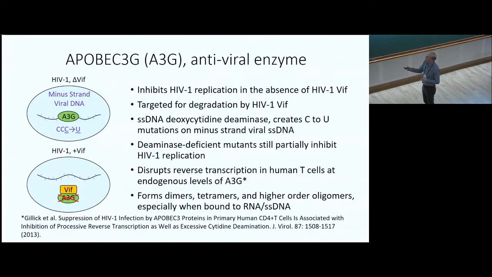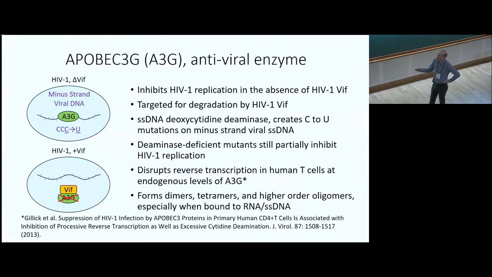It's a deoxycytidine deaminase, meaning that it chemically changes the C base to U. I told you that it was an RNA genome, but it is converted to DNA during reverse transcription. You have a point where you have single-stranded DNA, and APOBEC3G zooms along single-stranded DNA, and wherever it finds three C's in a row, it changes the third C to U, just chemically.